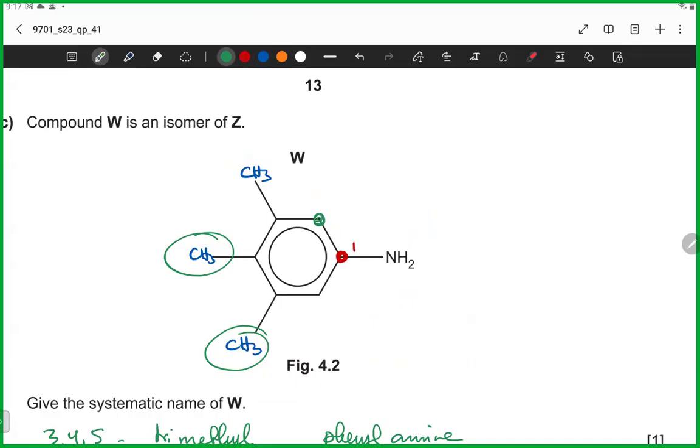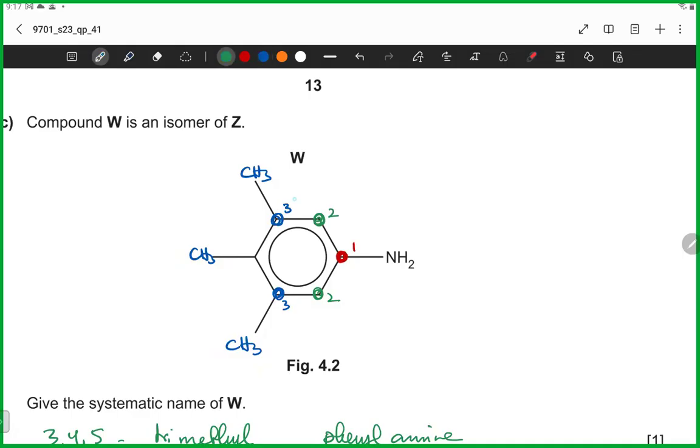These two carbons over here are exactly identical. They are bonded in exactly the same way, so they're going to resonate together. So they will have one peak. Next one, these two carbons are also exactly the same, so they're going to resonate together. That's the third peak.